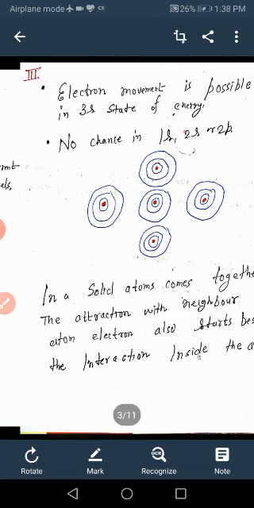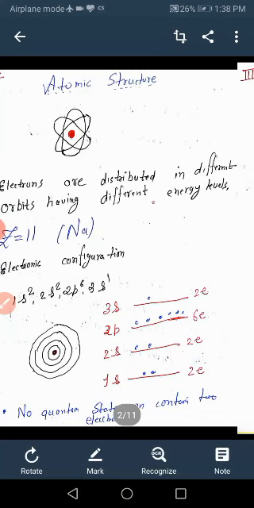They are very near to each other, and when atoms come together in a solid, the attraction with the neighbor atoms' electrons also starts, besides the interaction inside the atom. So here we can understand what is happening inside this atom: the nucleus, the binding, the attraction force and the energy level.